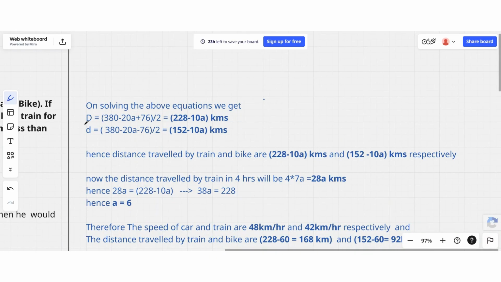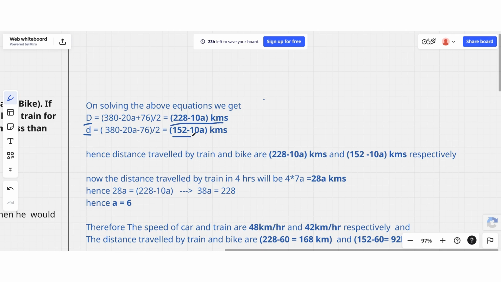we get the value of D as 380 minus 200 plus 76 divided by 2, which is equal to 128 kilometers. And small d is equal to 380 minus 200 minus 76 upon 2, equal to 52.